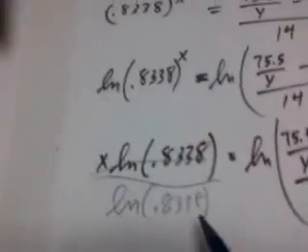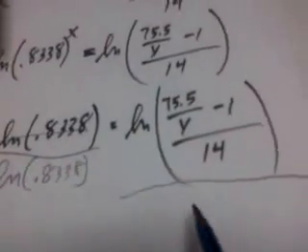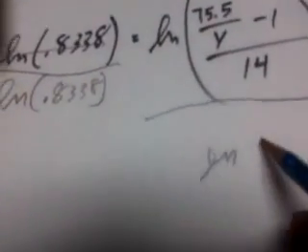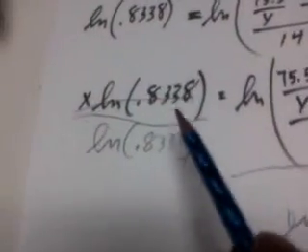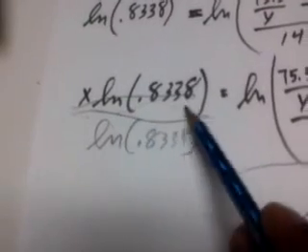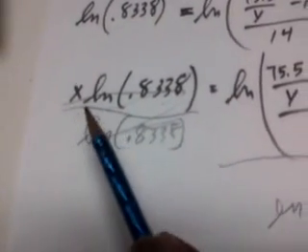You see, divide that side by it, and also divide this side by it. On this side, it cancels, and I end up with x by itself, which was my objective.